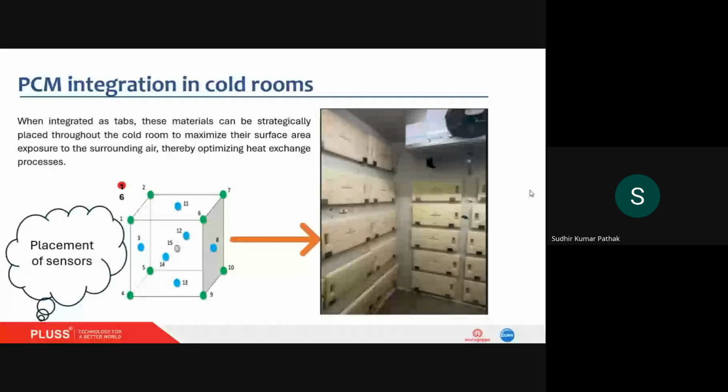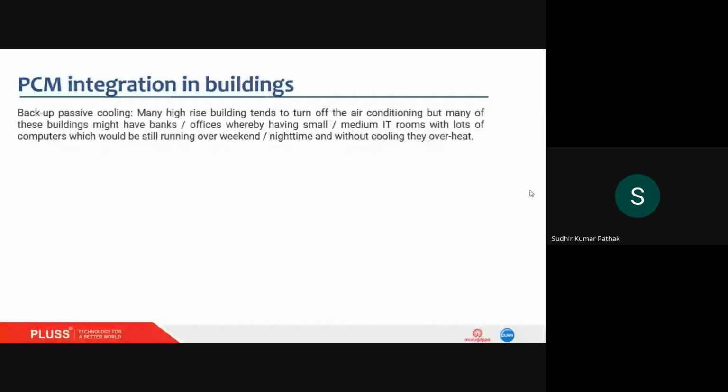Next is PCM integration in buildings. As we know, buildings need refrigeration, like air conditioning, for maintaining a low or comfort temperature. But in many buildings, there are weekends where we switch off the refrigeration system, or we can say the air conditioner.